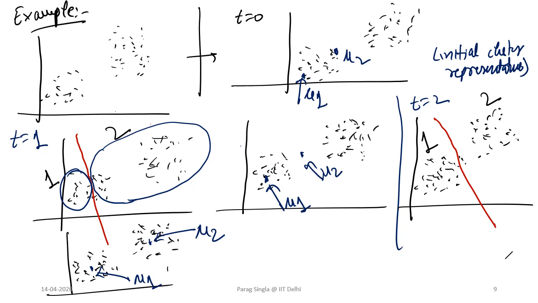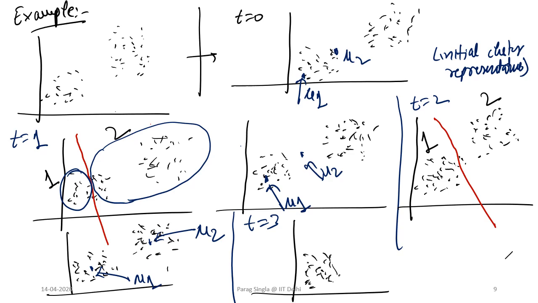And then what happens at t equal to 3 is when we compute the new cluster assignments, given this mu1 and mu2, it will look something like this. These are the points, and now if we look at mu1 and mu2 and the bisector of them, this will be our separator, and these will be points in cluster 1 and these will be points in cluster 2.